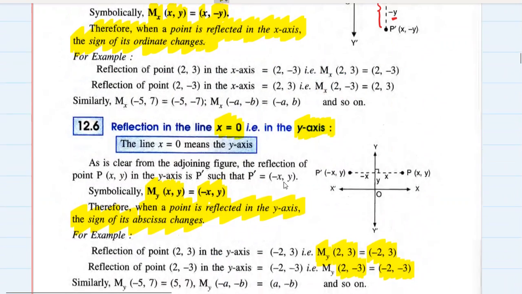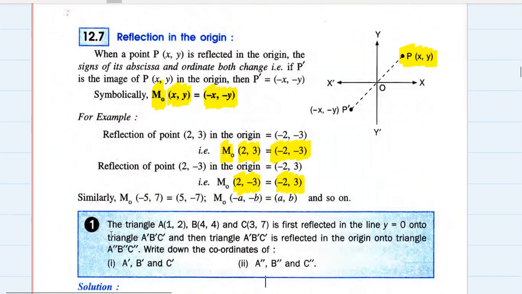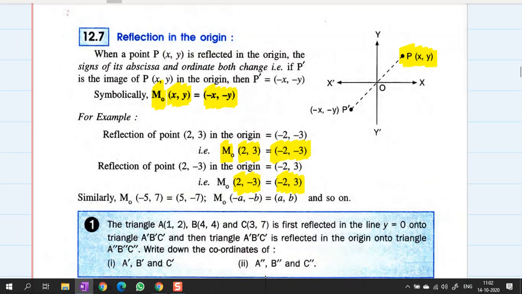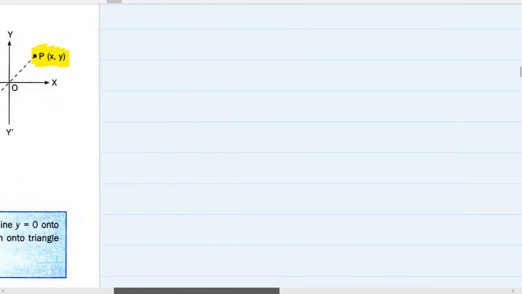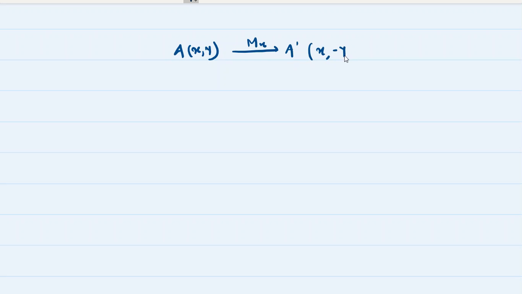So that is the formula which you must remember. If you want me to summarize the formula for you, just remember that a point A (x, y) when reflected in the x-axis becomes A dash (x, -y).